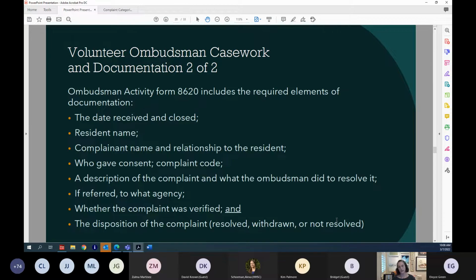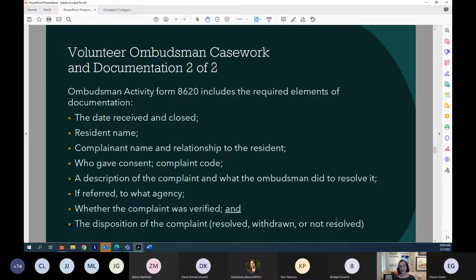There has to be justification for why the ombudsman is reporting this as something the ombudsman worked on. If it's referred, we need to know what agency it was referred to. Often that's going to be long-term care regulation. Whether the complaint was verified is a question on the form, and the disposition of the complaint, and those are three elements: resolved, withdrawn, or not resolved.